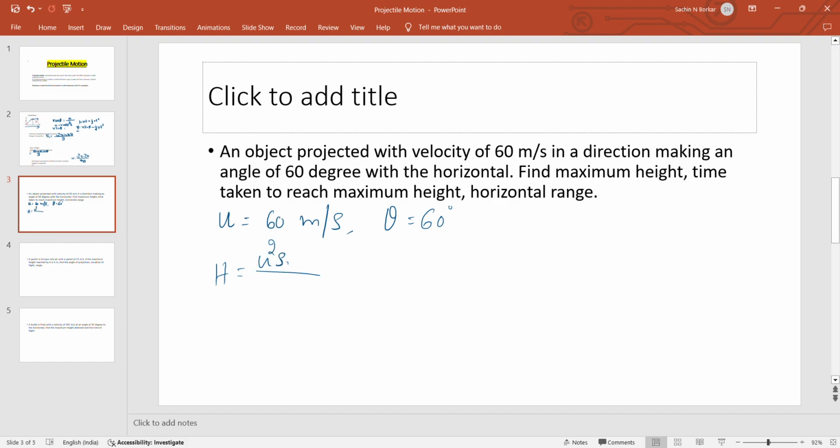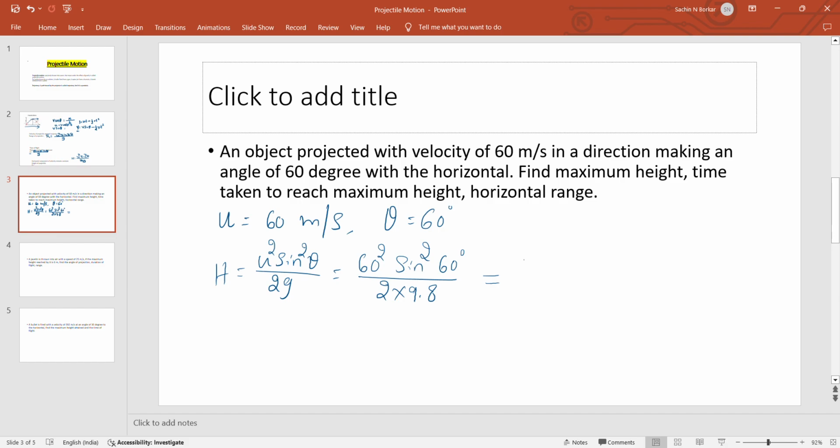The formula is u square sine square theta divided by 2g. So substituting, 60 square sine square 60 divided by 2 into 9.8. In this simplification, sine 60 is root 3 by 2, so sine square will become 3 by 4.